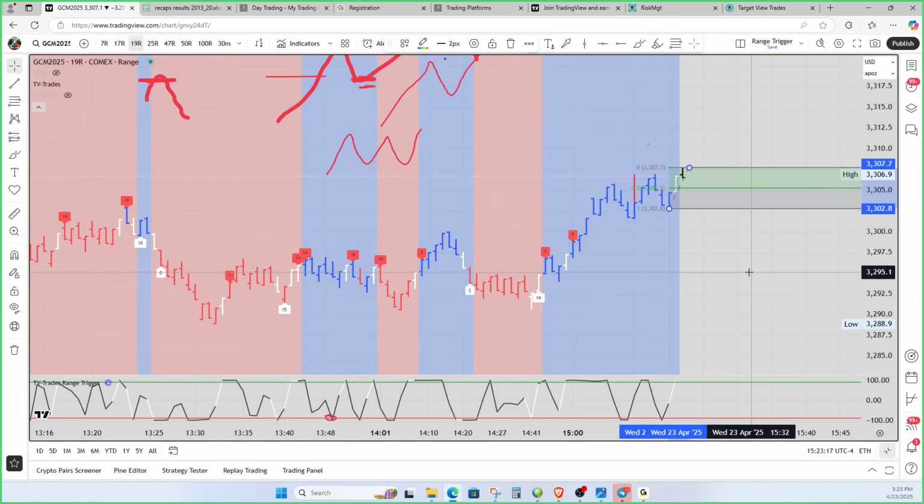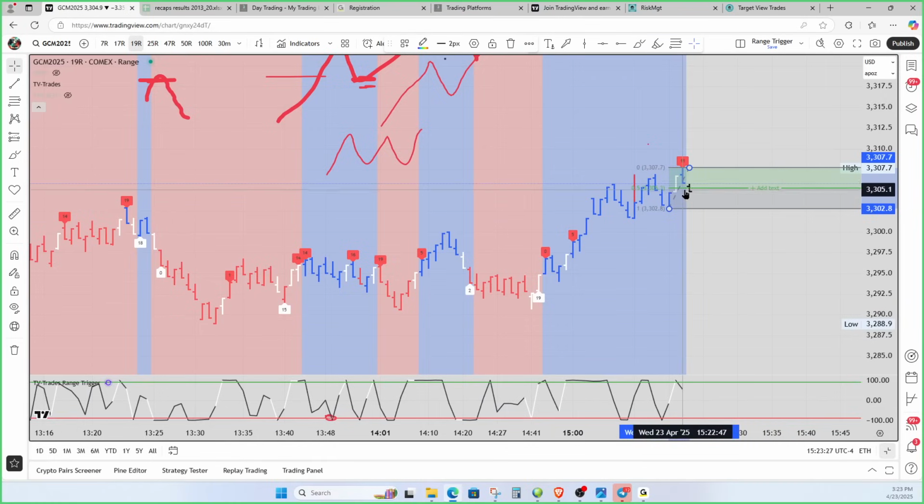You see how that got exactly where it should have gone. What I was suggesting was, if we get a down close on this and an up close on the next bar, it'll be just like the last trade. What would be better is if we get a down close on this, then a little bit of a wick down, and then an up close on the next bar.